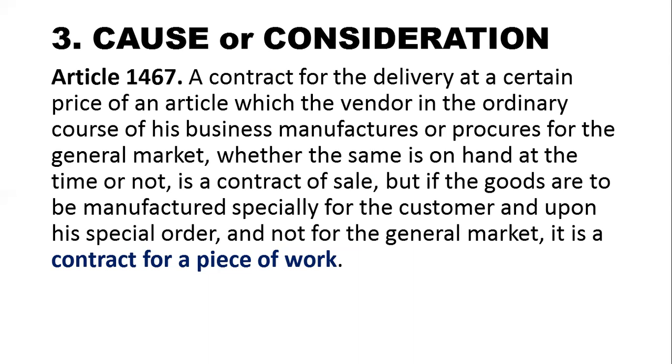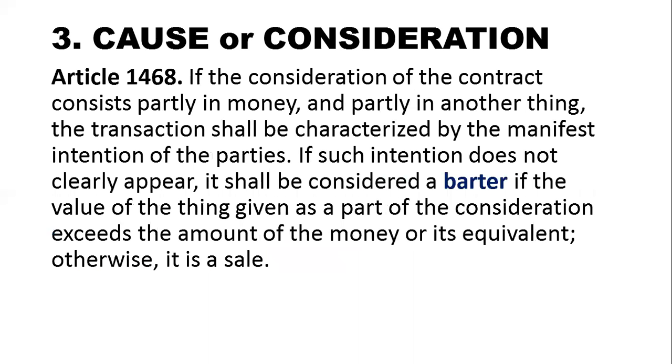However, if it is especially manufactured for the customer, then it is a contract for a piece of work. Also, if the consideration is partly in money and partly of another thing, it could either be a contract of sale or a contract of barter.